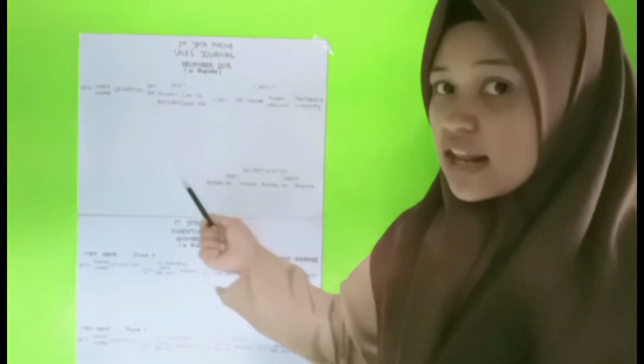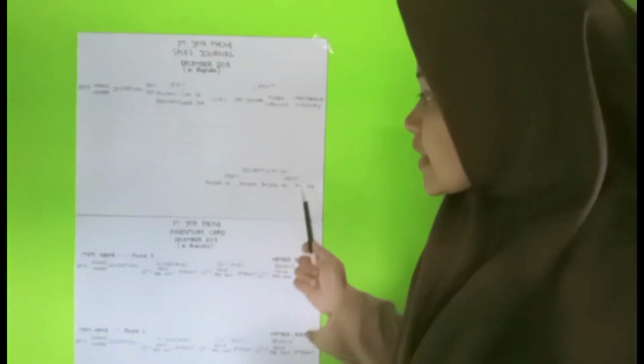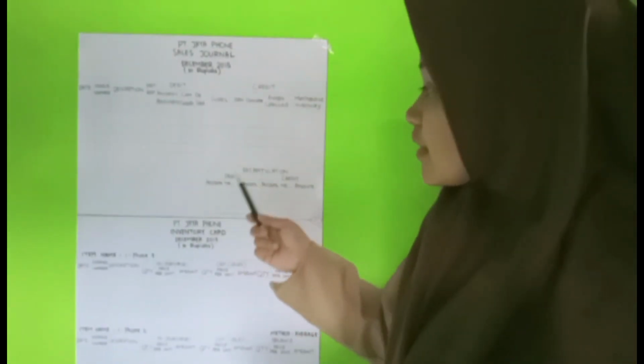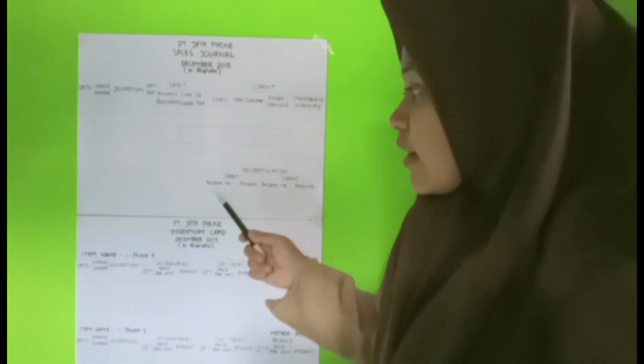After all transactions have been entered in the sales journal, we must make a recapitulation to make it easier in the posting to the general ledger. There are debit and credit with account number and their amount.